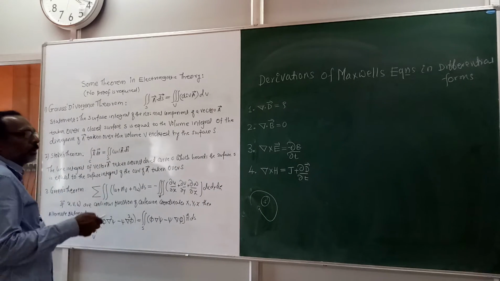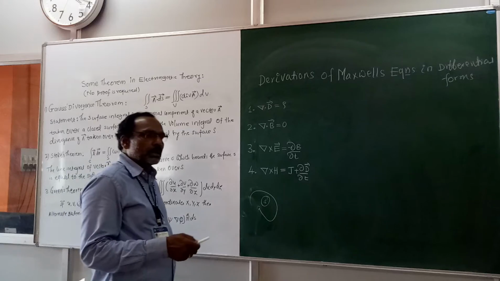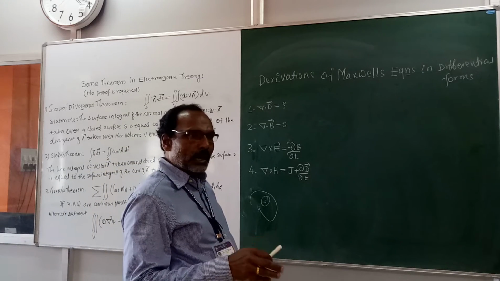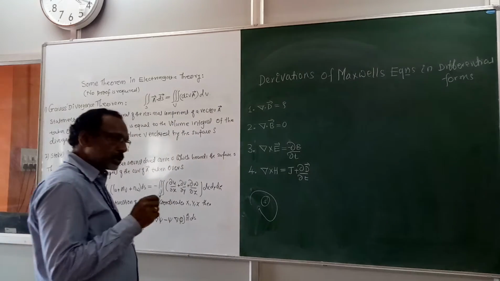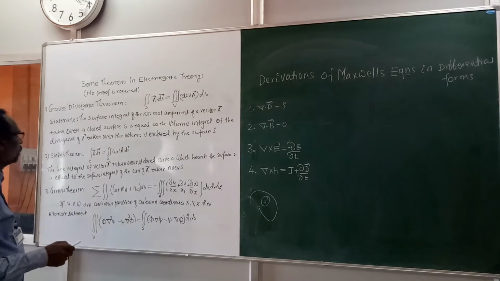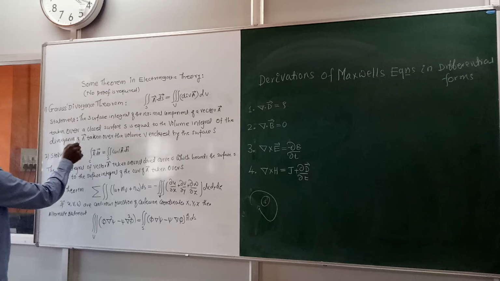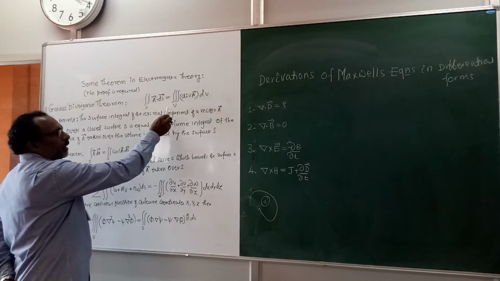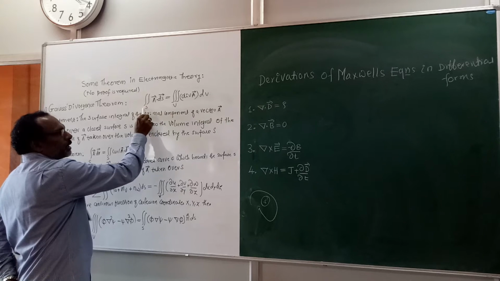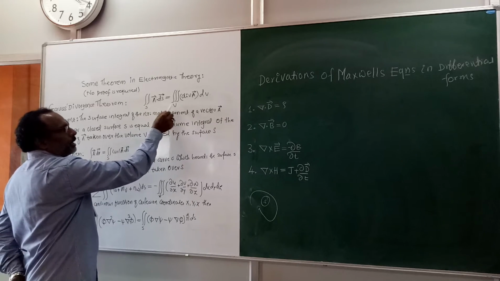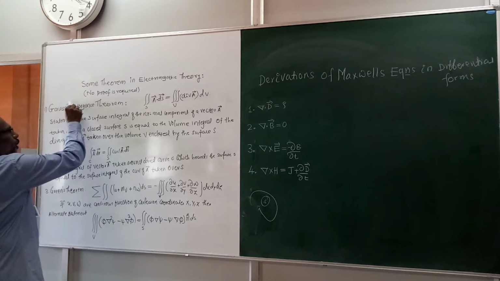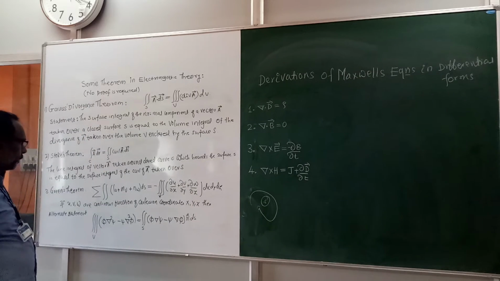We have learned about line integral, surface integral and volume integral. Those surface, line, volume, divergence, gradient and curl we are using in this theorem. That means we convert a volume integral into a surface integral, or a triple integral into a double integral, using the Gauss divergence theorem.